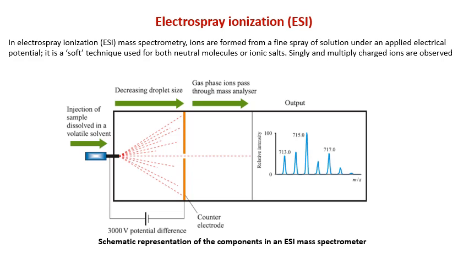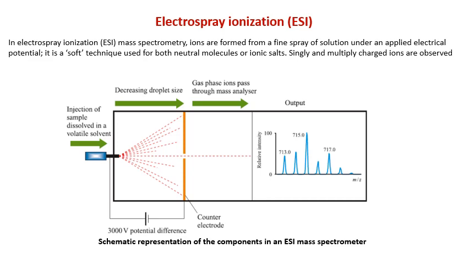So by this kind of high, 3000-volt potential difference, the analyte and the solvent are converted into a fine spray at atmospheric pressure.